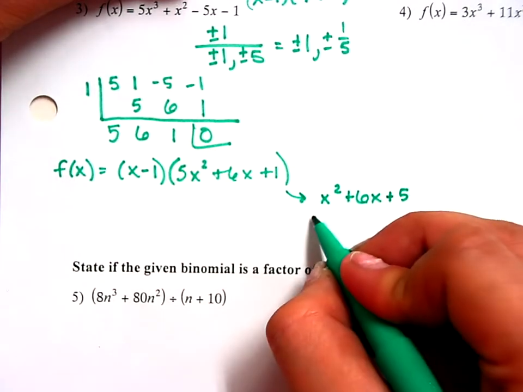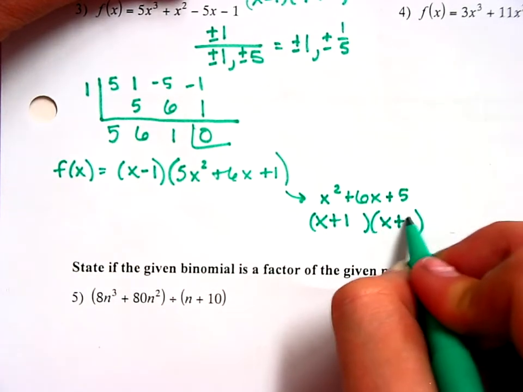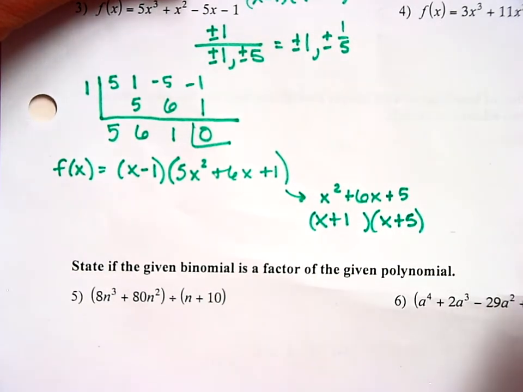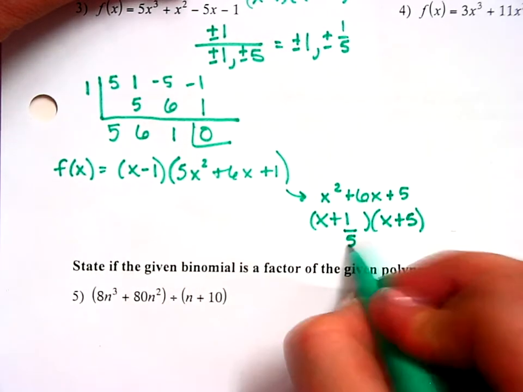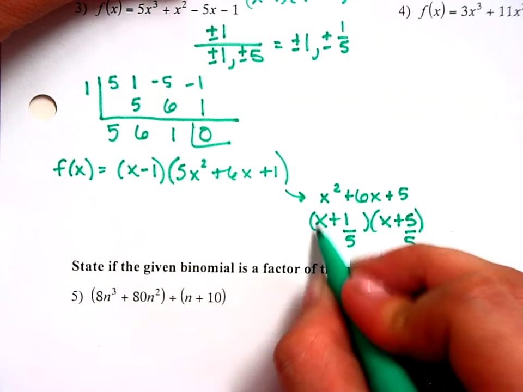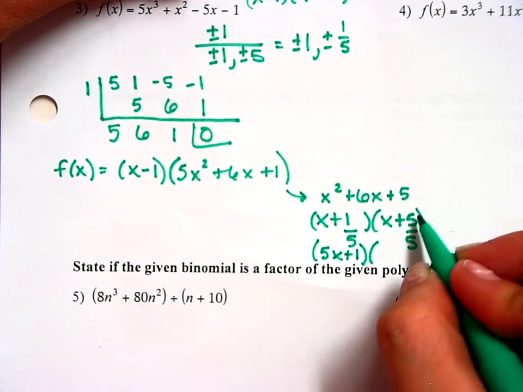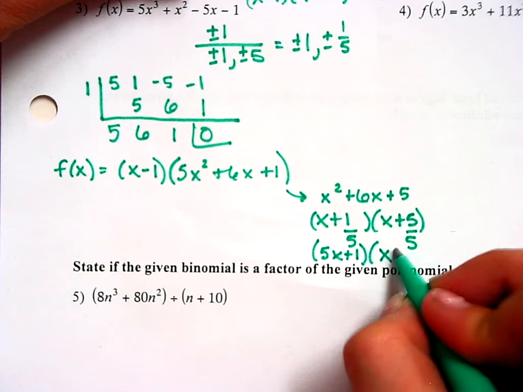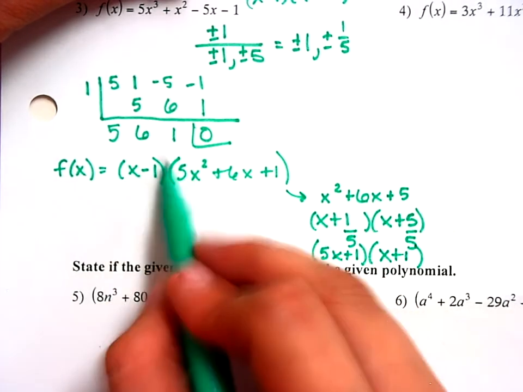And then I can factor this right away as x plus 1, x plus 5, and then don't forget, since you multiplied by 5, now you need to divide both by 5. So this gives me, remember, slide the 5 out front, 5x plus 1, and then this just simplifies to 1, so x plus 1. Okay, so we factored this trinomial, and we already had one of the factors.